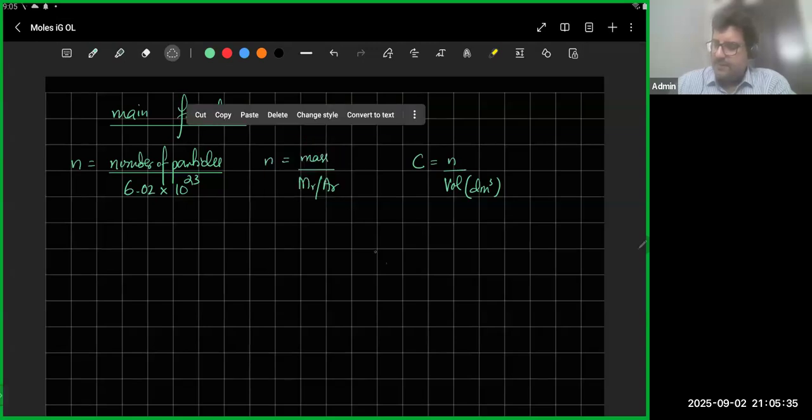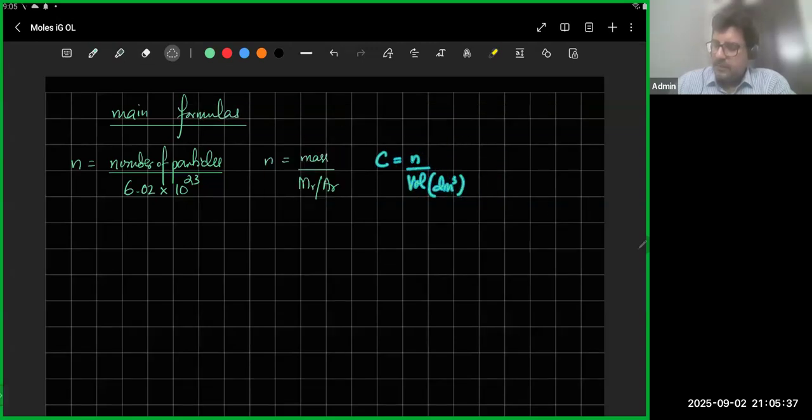And then you have the last formula, which is moles is the volume of gas divided by 24 decimeter cube. So you've got these 4 formulas. This one, the last one, it's only for gases.